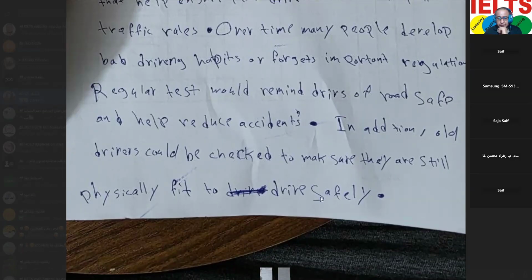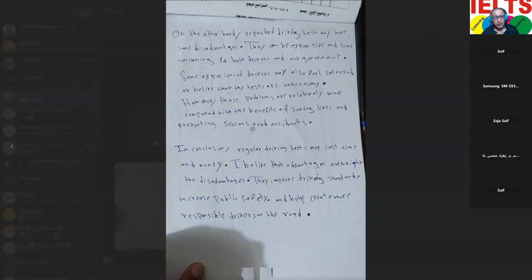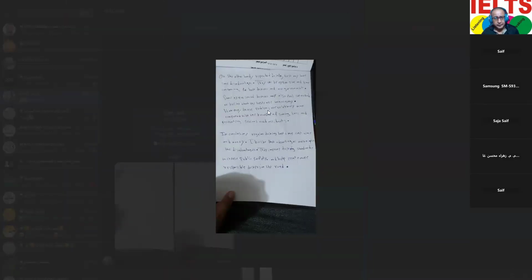A lot of capitalization you have here, which you don't need. Just like this word, capitalized. You don't need it. Just like here, the S. You don't need a capital letter here. Okay? Let me go on. On the other hand, sorry.